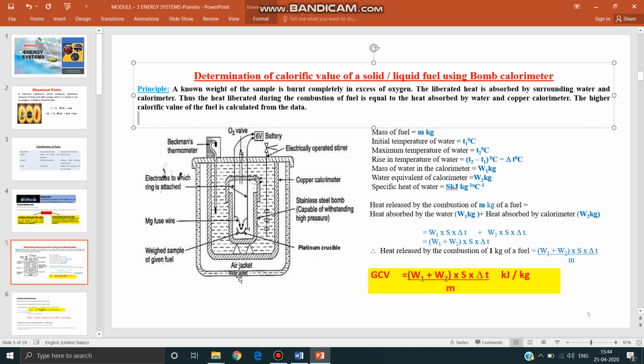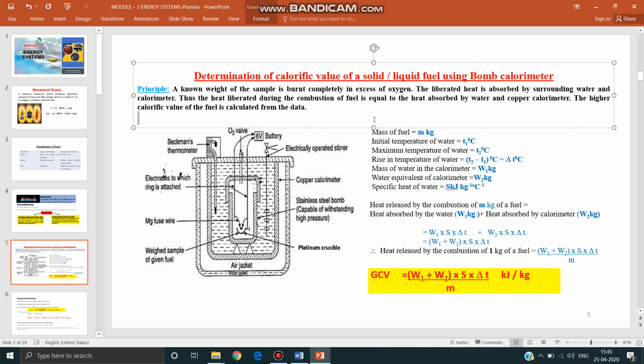So this is the construction of the bomb calorimeter. Before starting the combustion process, we have to note down the initial temperature. Then we keep the weighed mass of chemical fuel and start the combustion process, and we note down the highest temperature recorded in the thermometer.